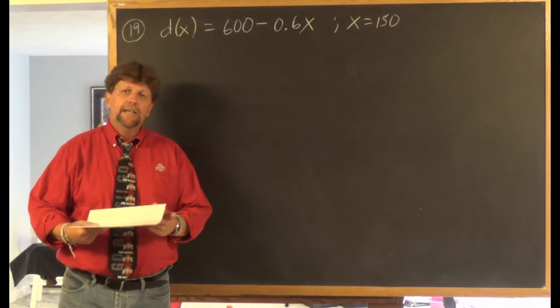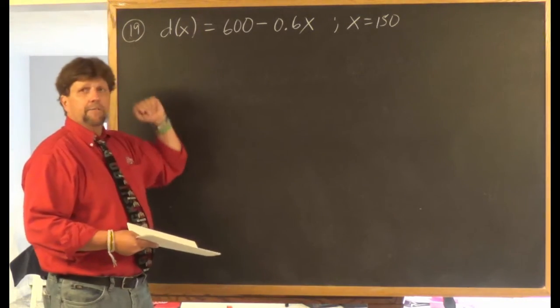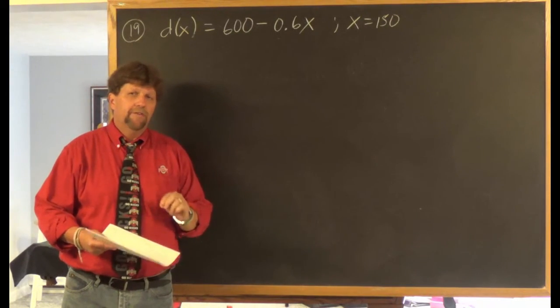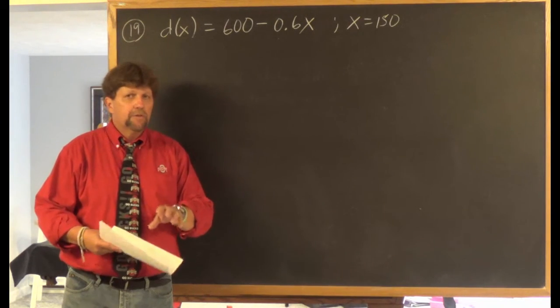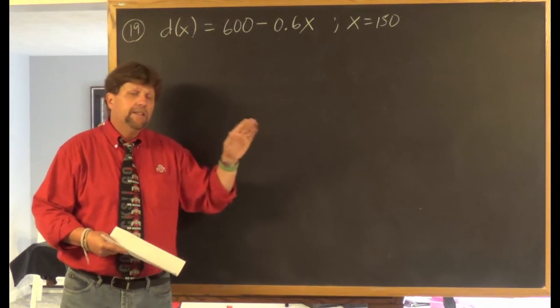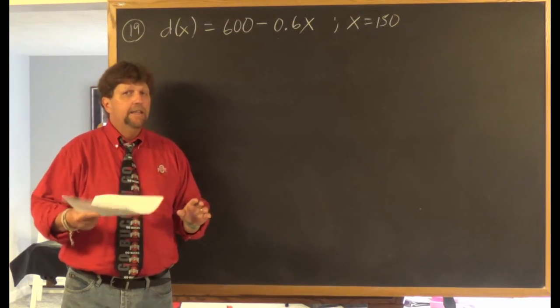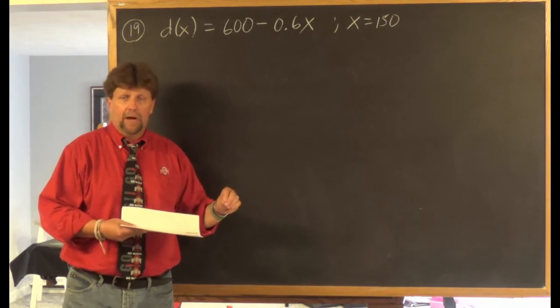All right, in number 19, you were asked to find the consumer surplus given this demand function and given demand level x equals 150. Now in order to get the consumer surplus, I'm given the demand level, that's the quantity that's demanded. I need to determine what the market price or the demand price is.